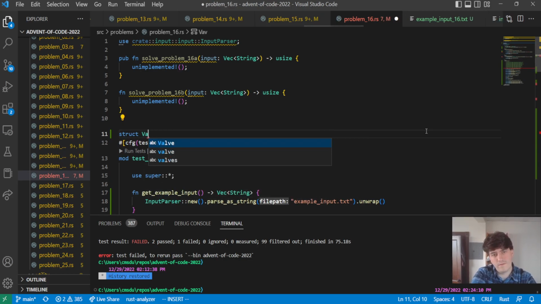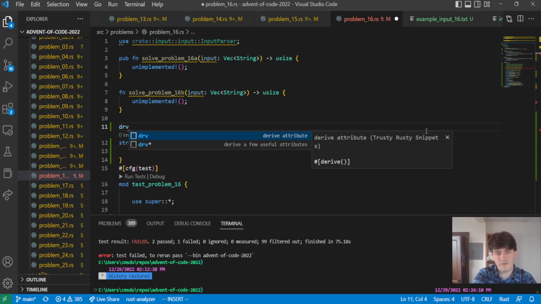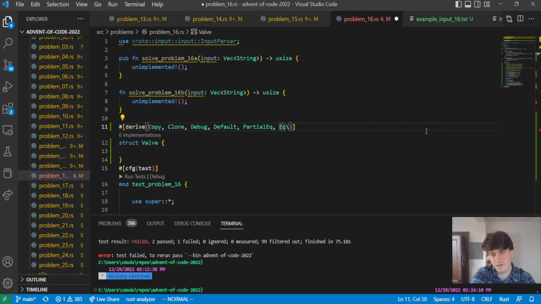So, struct Valve. Let's derive some stuff. We can derive virtually everything, I think. I don't want Default. Do I want Hash? I might want Hash. I'm not going to be able to have this be Copy, though.